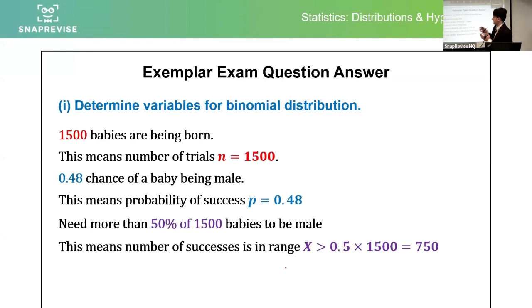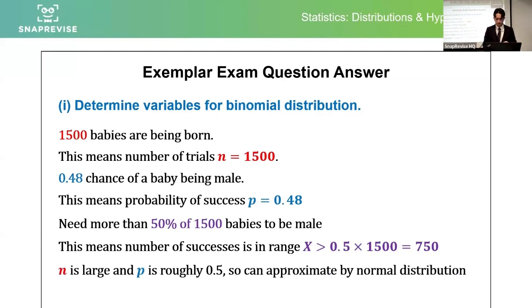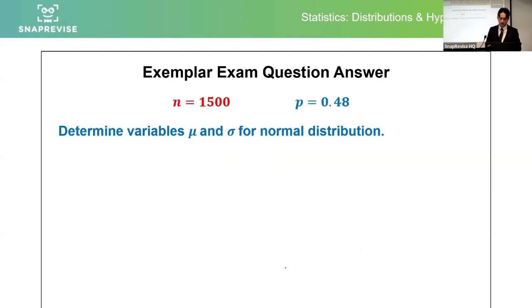So we want more than 750. And it doesn't say 50% or more. It says more than 50%. So that's a strict one. Okay, so n is large, p is roughly 0.5, so it's appropriate if they ask you.